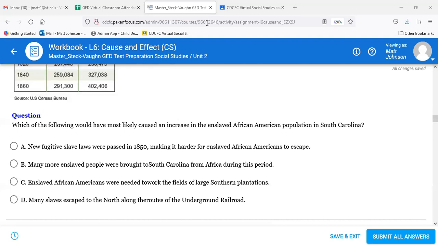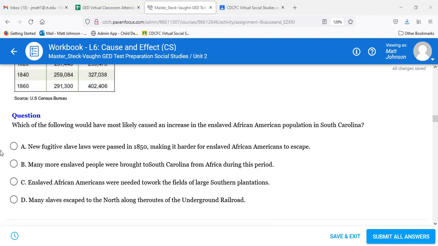Which of the following would have most likely caused an increase in the enslaved African American population in South Carolina?